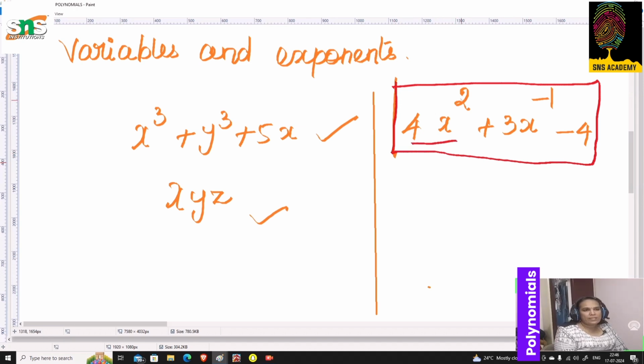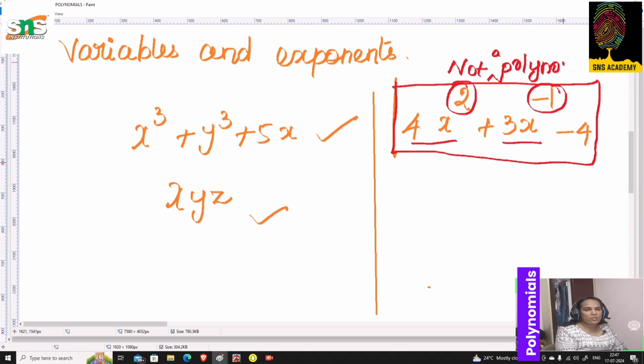The first term's power is a square, it's not a problem. When you observe the second term's power, it is negative. So in an algebraic expression, if there is a negative power, we do not call it a polynomial. So this particular expression I have given here is not a polynomial.